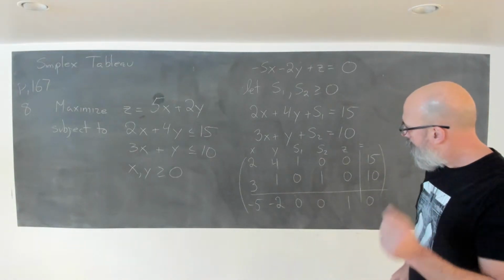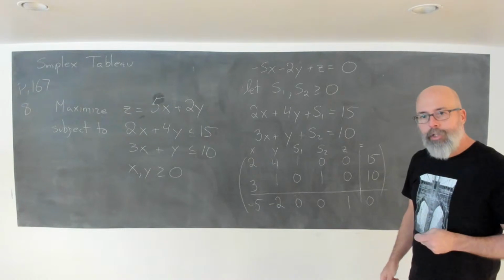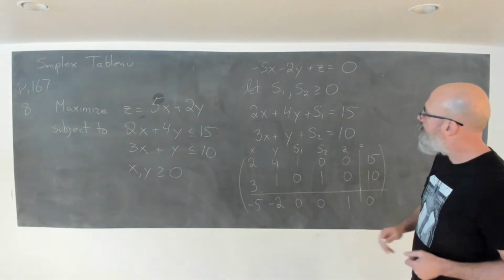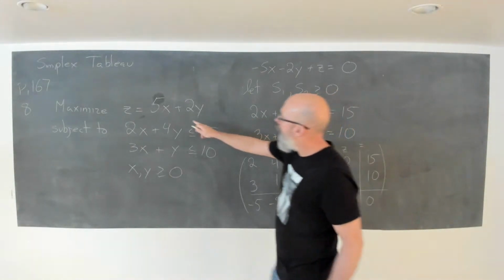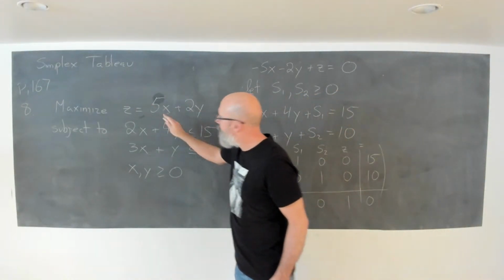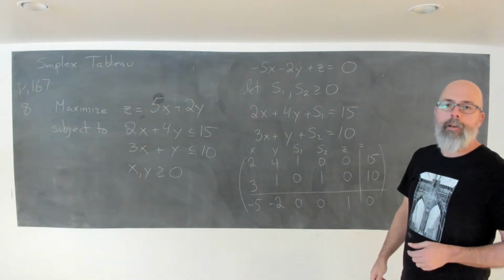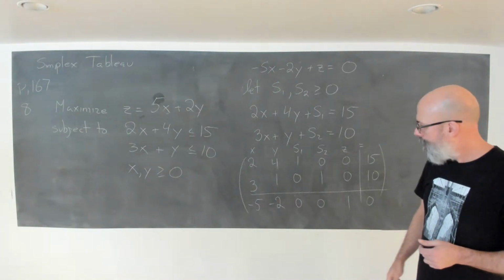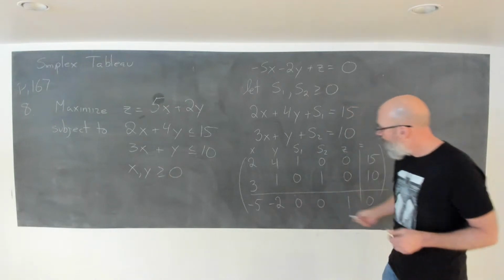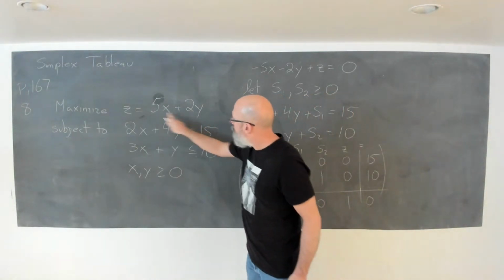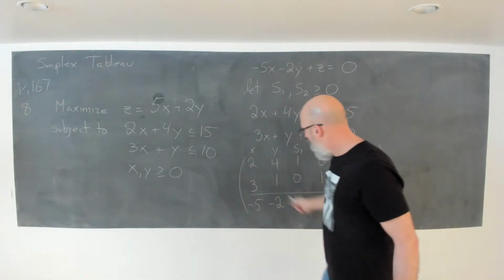Now, as Lance suggested, we want to focus in on the x, because it's the x that's giving us the best return, if you will. Right, because it's 5 versus 2.